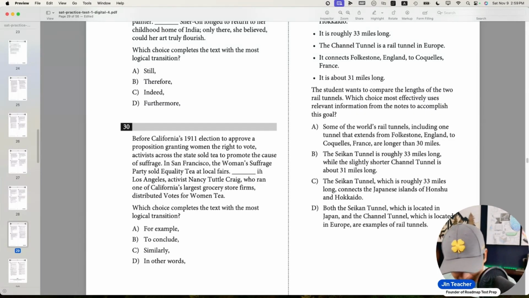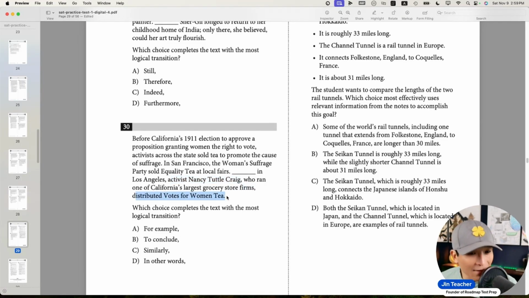So now the next sentence says, in Los Angeles. Los Angeles is another place in California, so it seems like we have another example in California. It says, activist Nancy Tuttle Craig, who ran one of California's largest grocery store firms, distributed votes for women's tea.